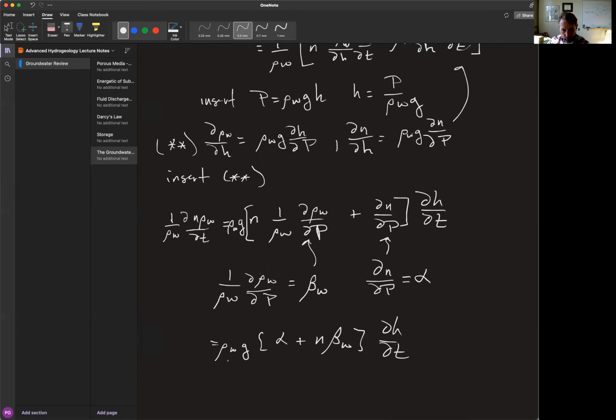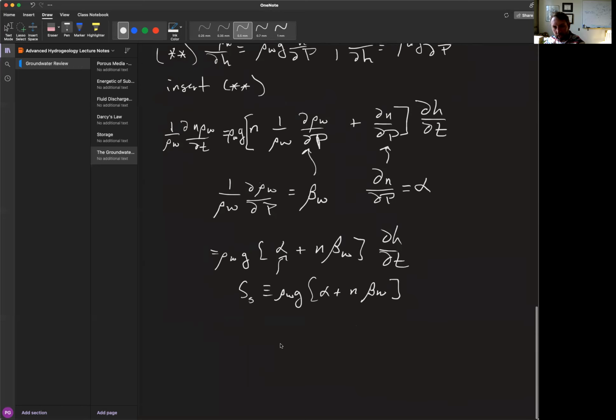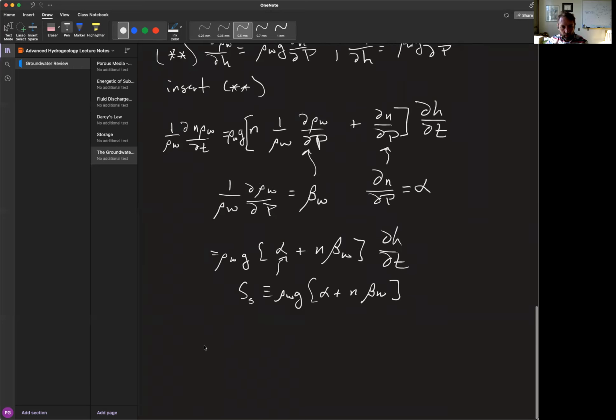And if we recall our definition of specific storage, this is exactly it. So Ss is equal to rho water G, sorry, I'm forgetting my rho water here, rho water G times alpha plus n beta water. So we can insert that here and we get down to our final left-hand side.